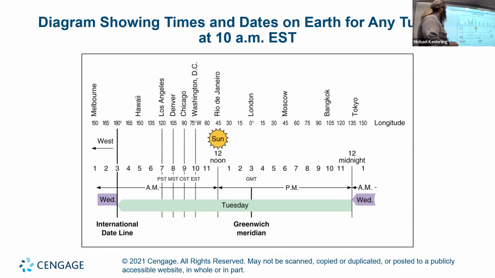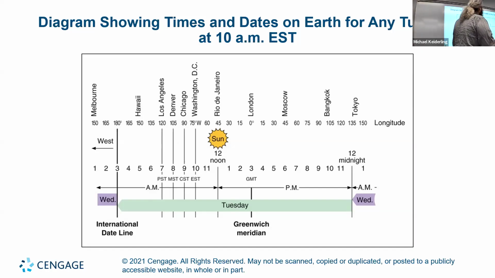So if it's Tuesday, you'll cross the international date line. It'll go from 3 a.m. Tuesday to 3 a.m. Wednesday. If you go east, it would be 3 p.m. at the Greenwich Meridian. It'd be midnight in Tokyo.